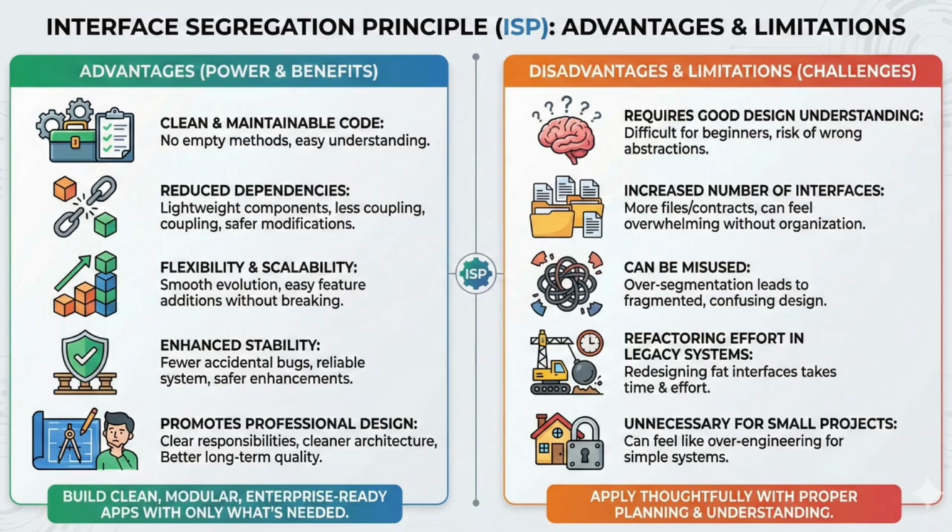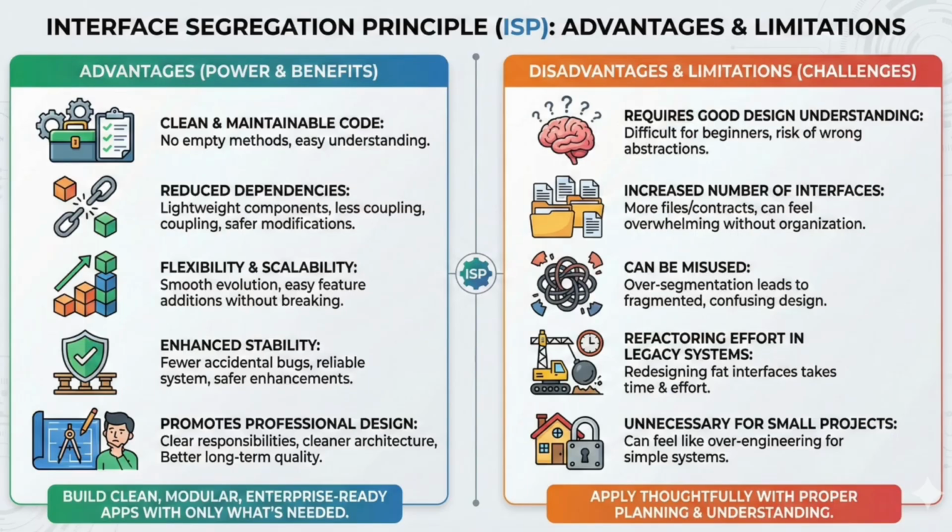Third, it can be misused. If developers over-apply ISP and create extremely tiny interfaces without real need, the design may become fragmented and confusing rather than helpful. Fourth, refactoring may be required in existing systems. If a legacy project has fat interfaces, applying ISP means redesigning, restructuring, or rewriting parts of the system, which takes time and effort.